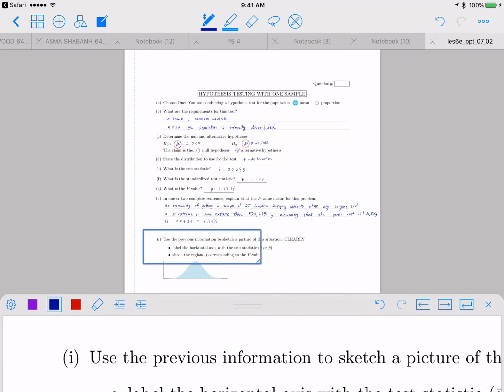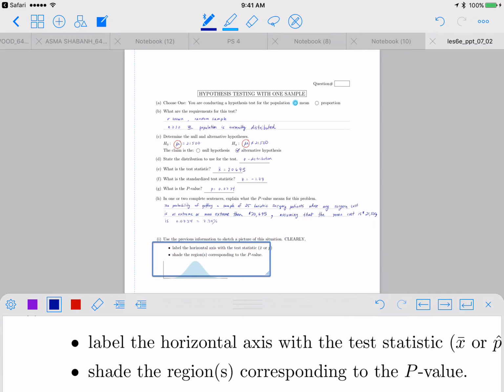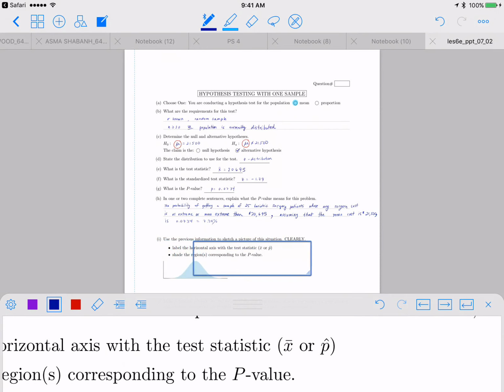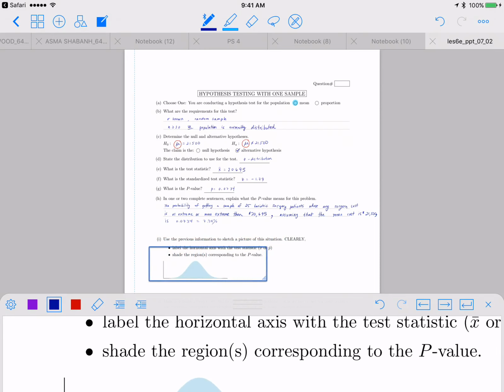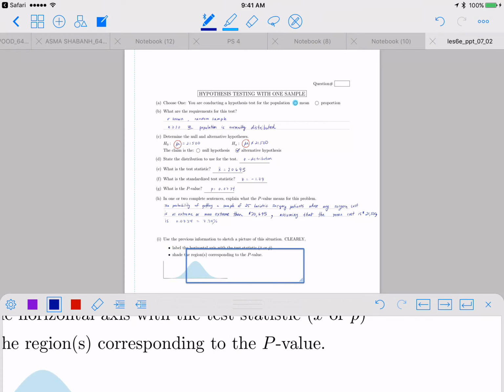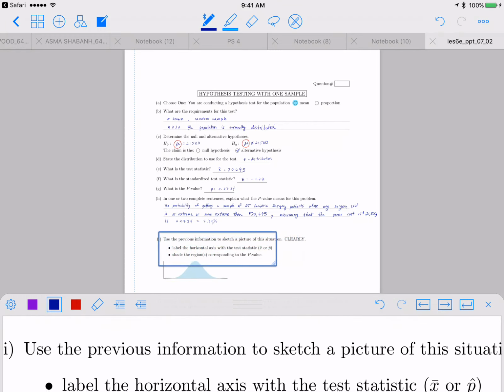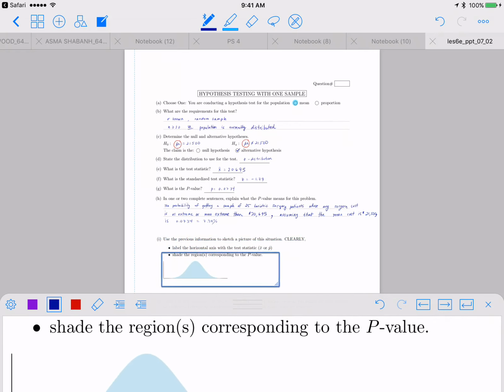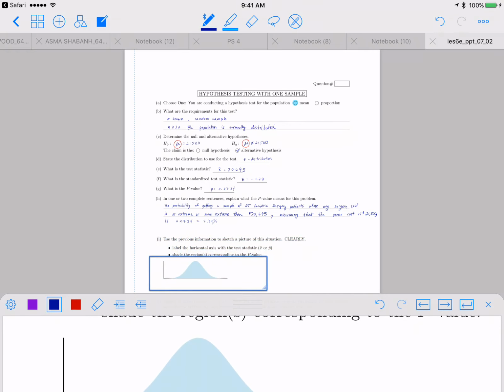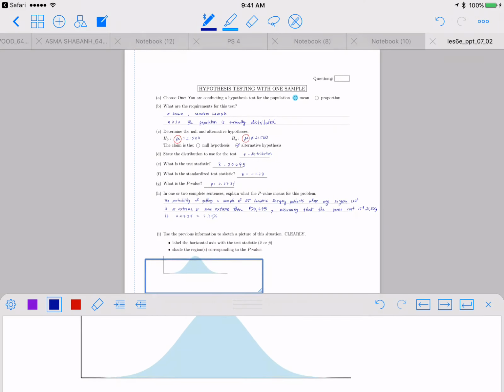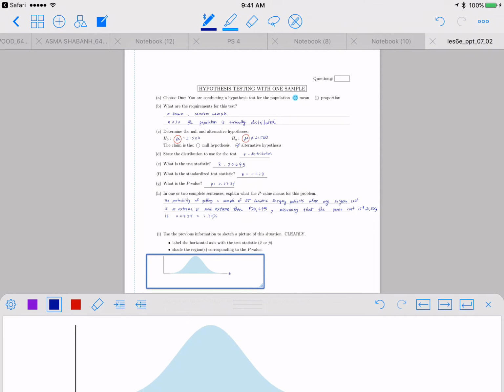Now let's use the previous information to sketch a picture of this situation. We need to clearly label the horizontal axis with the test statistic and shade the regions corresponding to the p-value. Okay. So for us, we're going to use our test statistic. So this is going to be a z distribution.